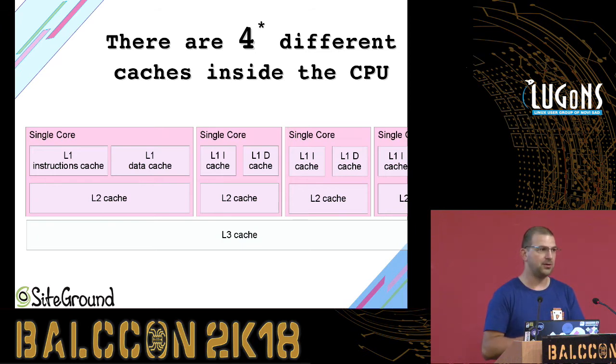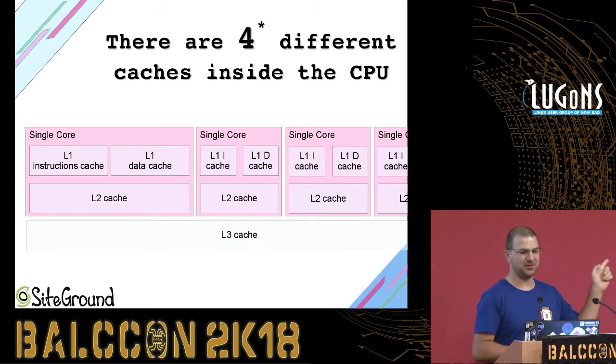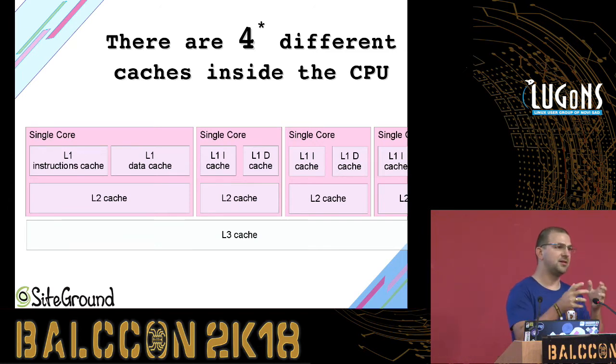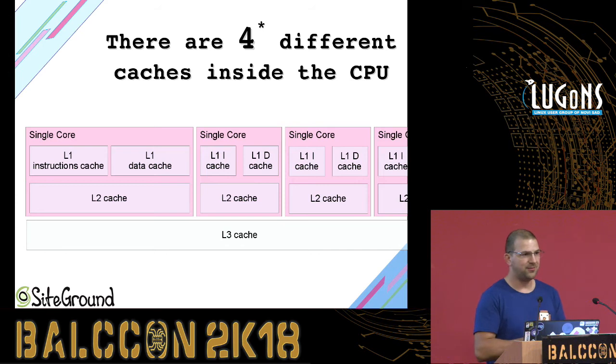So when you have a multi-core architecture, a CPU that has multiple cores inside of it, you have these caches here. The layer 2 cache is shared within a single core, but you have to keep in mind that most CPU architectures currently support multiple threads executing in parallel in a single core.